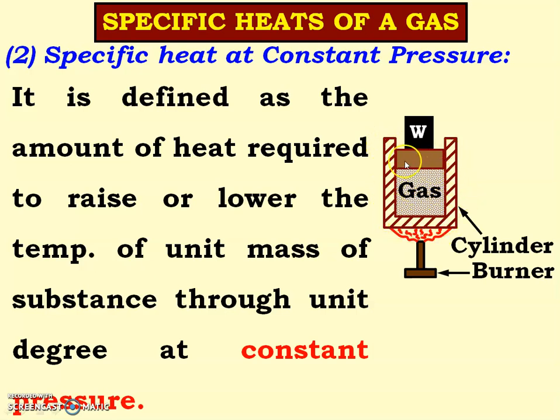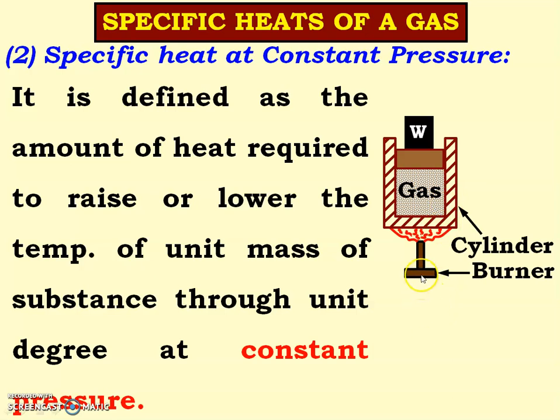This is a piston, and on the piston some weight is placed. Due to the weight and the area of the piston, some pressure is applied on the gas. So that pressure is always constant until we change the area of the piston or the weight on the piston. If we keep both the things the same, the pressure on the gas will remain constant.